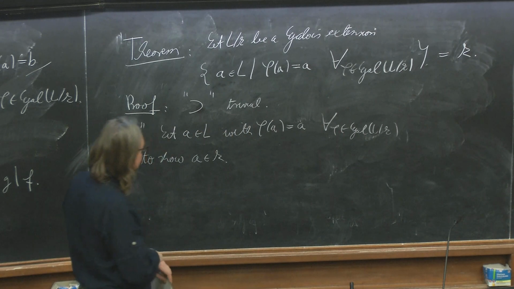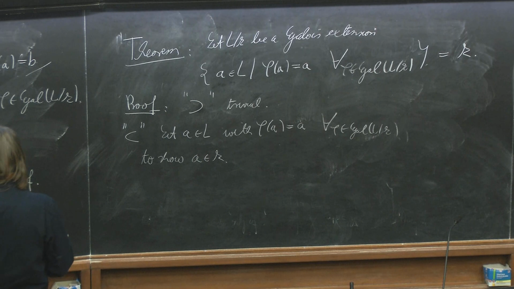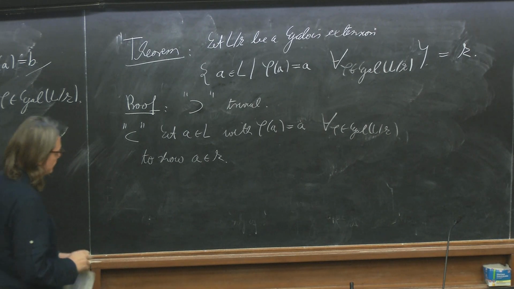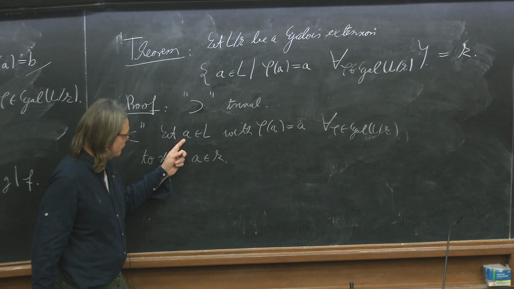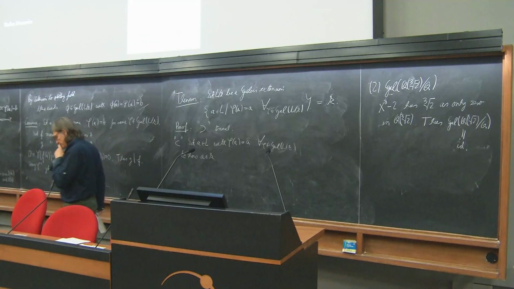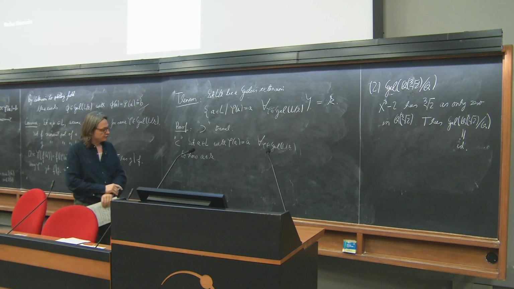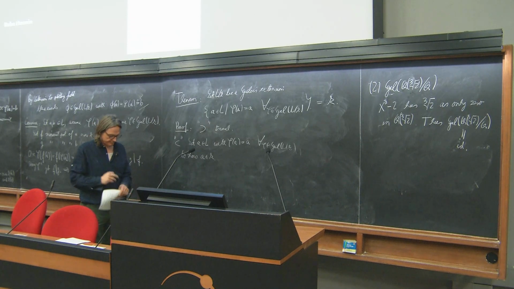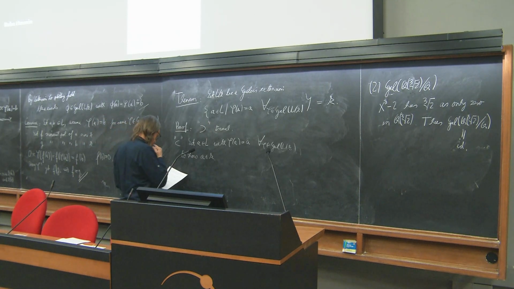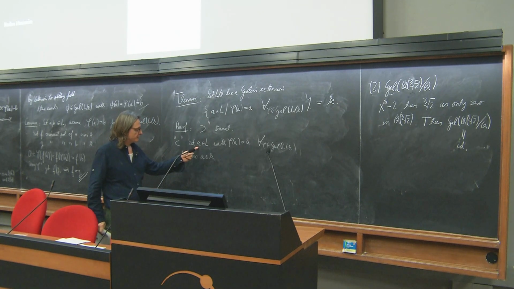What we will do is we look at its minimal polynomial, and then we will use what we have here to show that this minimal polynomial is just x minus a. Namely, that the only root the minimal polynomial has is a.